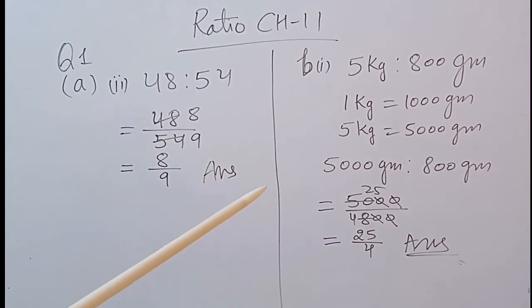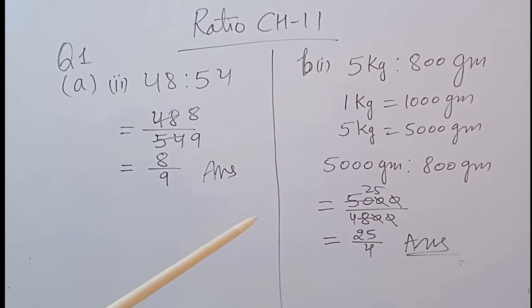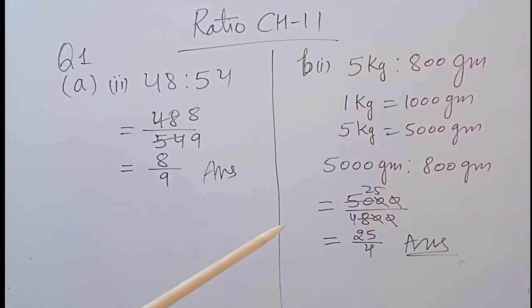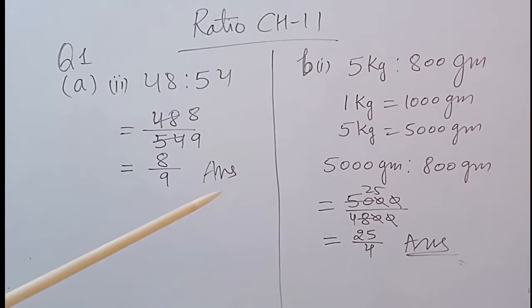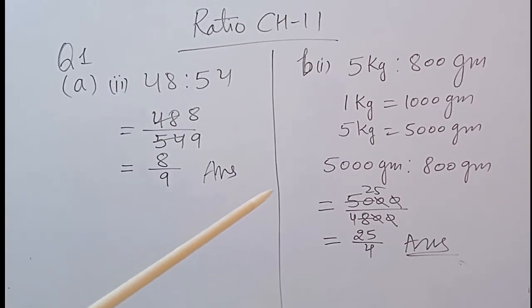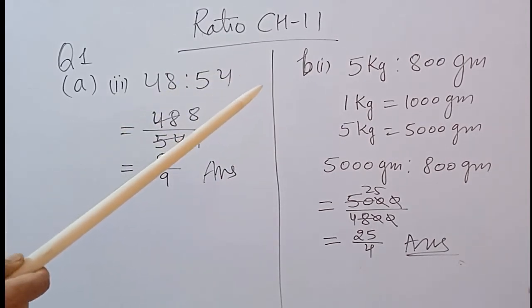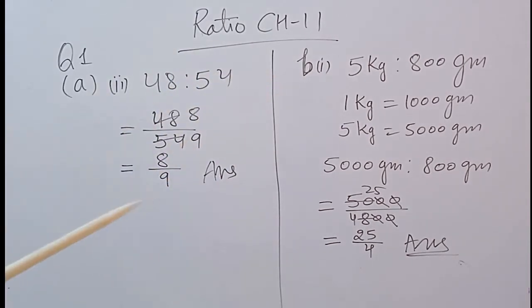Now write in a ratio form, that is 5000 upon 800. Now 0 and 0 cancel with 0 and 0. We are left with 50 upon 8. Now we can divide 50 by 2, we get 25, and 8 by 2 we get 4. So 25 upon 4 is the simplest form of 5 kg ratio 800 grams. So in that manner you can do other sums of question number 1.